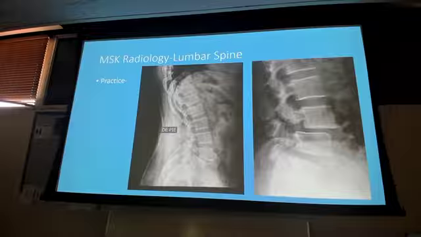Sacrum. Here's my sacrum. So L5, L4, L3, L2, L1. Sacrum, L5, L4. So L4, L5, anterior spondylolisthesis. Same thing here. Sacrum, L5, L4, L3. L4, L5. Sacrum, L5, L4. So L4, L5, anterior spondylolisthesis.